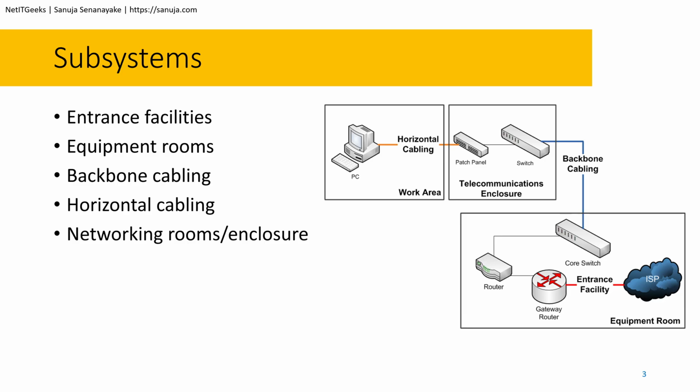The system is mostly used in data centers. The term backbone cabling, you will most likely hear if you work in a data center or with an ISP. What it is basically doing is connecting between multiple sites. That would be the backbone.